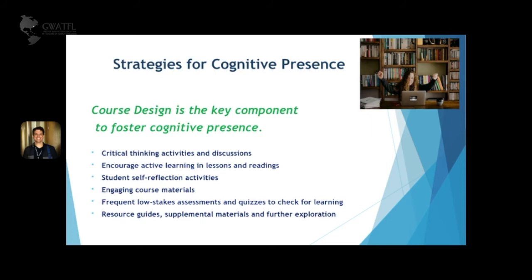Use student self reflection activities so that they can gauge their own learning and also the parts that they may need to review. Use engaging course materials. Implement frequent low stakes assessments and quizzes to check for learning. And finally, give students resource guides, supplemental materials, and possible information for further exploration.